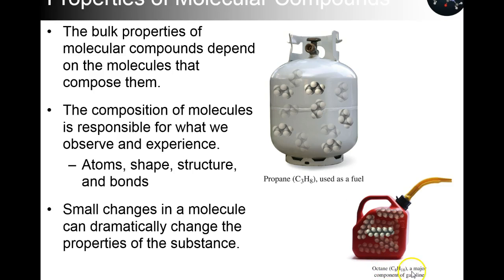Octane is part of gasoline, so it's going to respond much differently than propane. Just small changes, going from 3 carbons to 8 carbons and from 8 to 18 hydrogens, will dramatically change the properties of the substance.